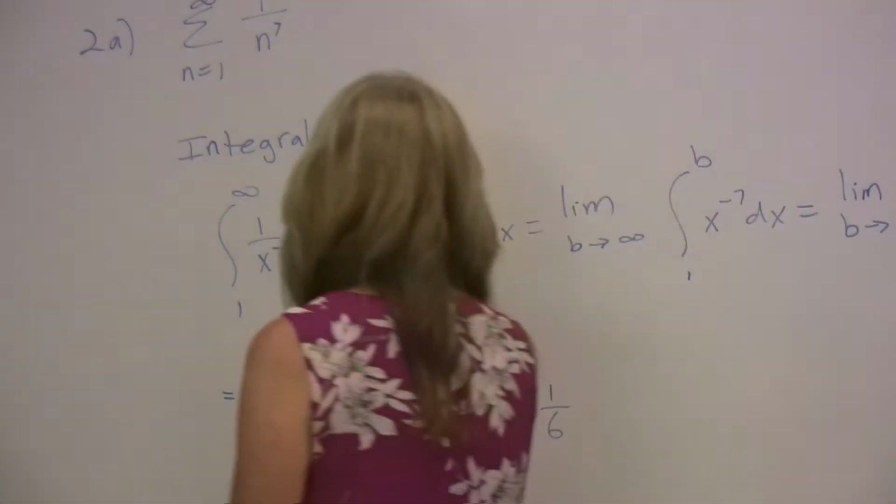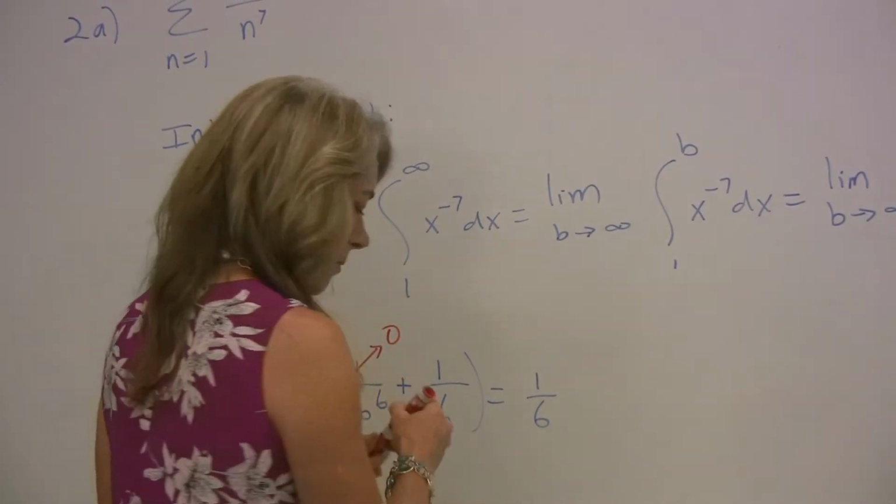Negative over 6 times negative 1. Let's see.